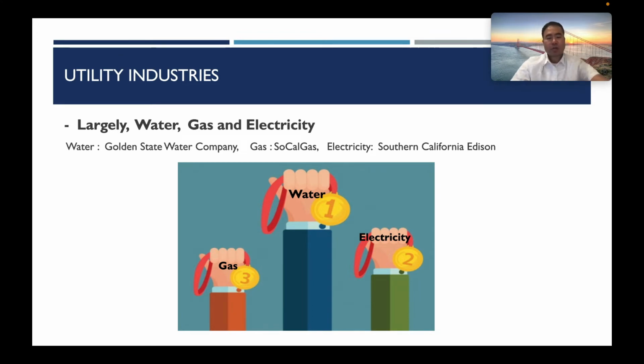Those three are all important, but in my opinion water is the most important, because without water no one can live. Even 7 days, people cannot live without water.